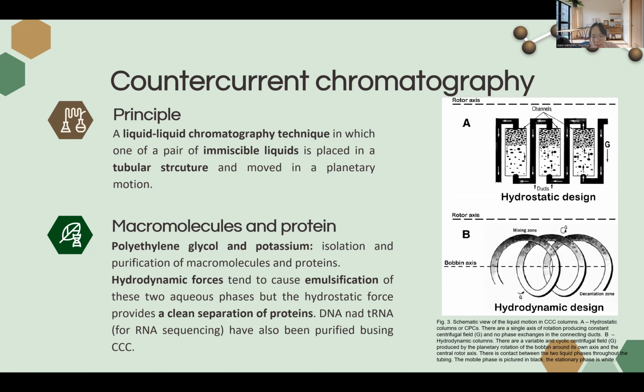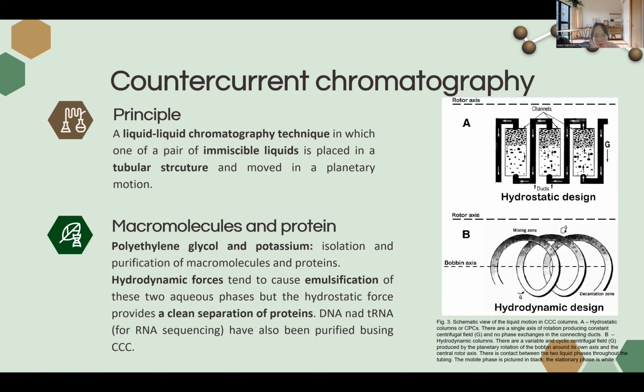A is a hydrostatic column, or CCPS. They have a single axis of rotation producing a constant centrifugal field and no phase exchanges in the connecting ducts. B is a hydrodynamic column.